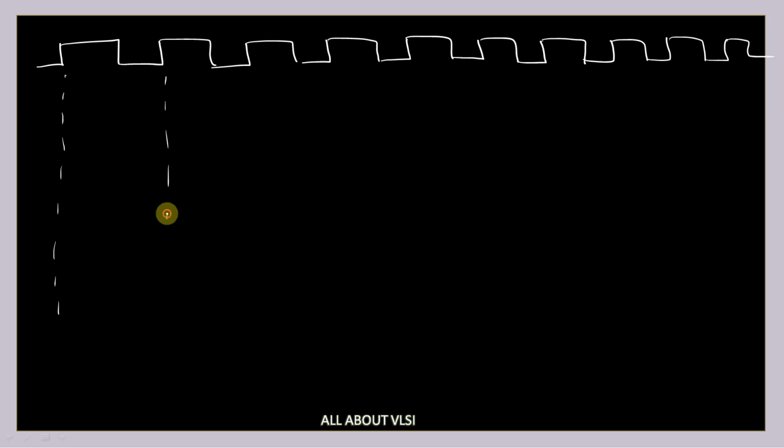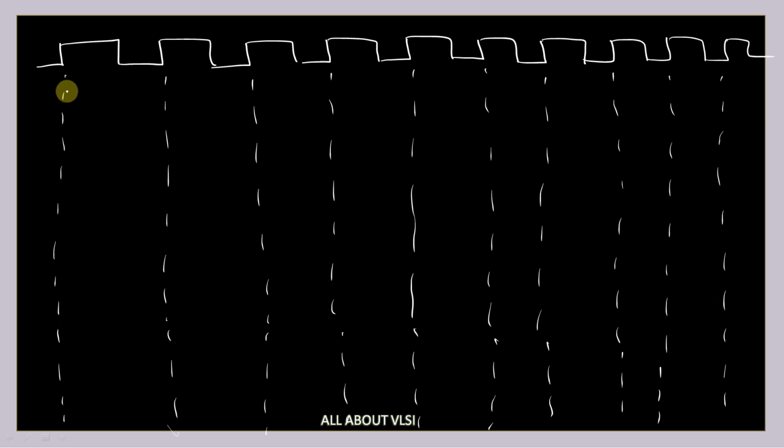Okay, so let us draw the timing waveform for this. These are my positive edges of clock, and this is my count. Let me draw the count.